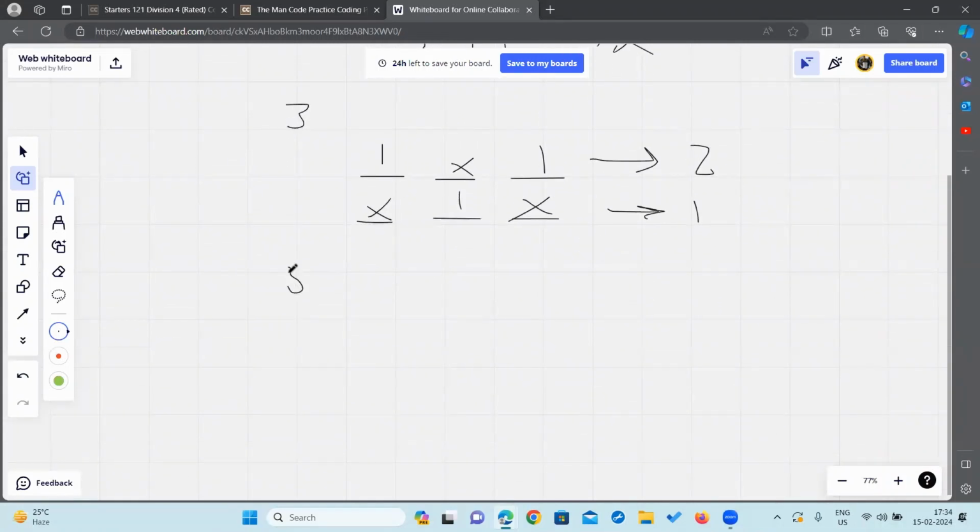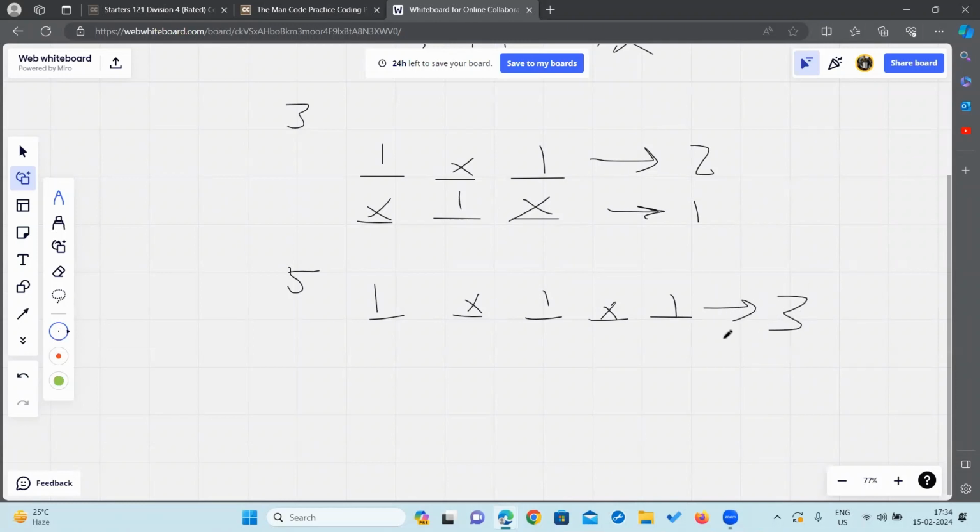For 5 urinals, we can start off in the same fashion. Give a person this one, don't give this one to any person. Give a person this one, don't give this one to any person because it will be adjacent. So another person can be added here.